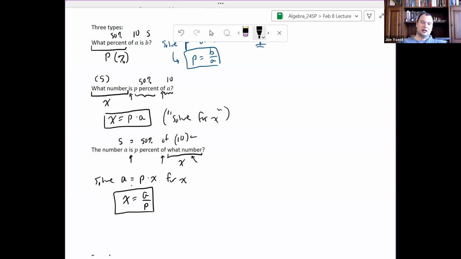This might be the hardest one to check with a special case, but let's work through it. Is it true that 10 equals, and again, I'm just picking the special case as a way to check myself. I want to solve something in general. I know an easy special case. I think I have a general solution. Let me check with my special case. Is it true that 10 equals 5 over 50%?